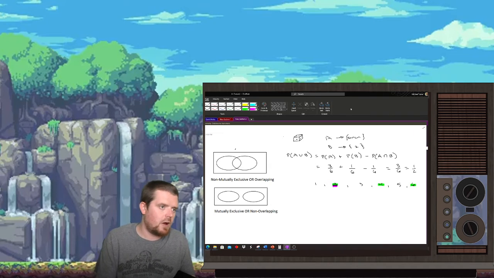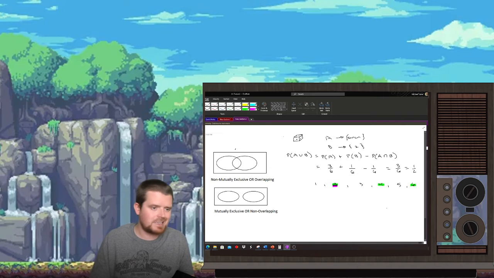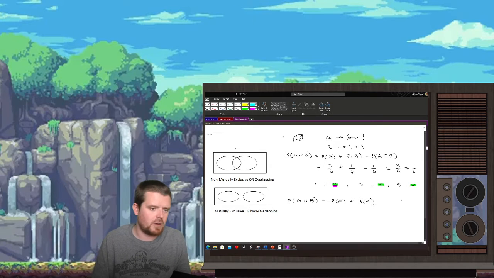Okay. Now, if the events are mutually exclusive, meaning you can't have both occur at the same time, then the probability of A or B occurring is simply adding the individual probabilities. So the probability of A plus the probability of B. For instance, let's stick with the die example here.